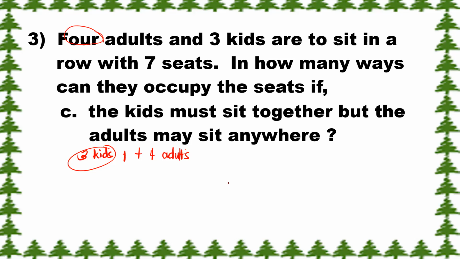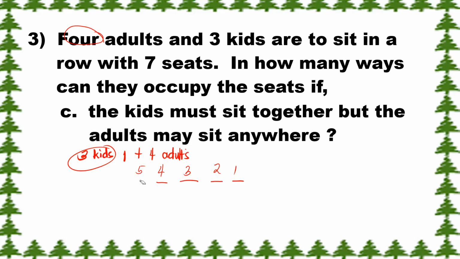So we will count them as one as long as they are one here plus 5 adults, right? So meaning, meron tayong 5. We have 5 times 4 times 3 times 2 times 1.